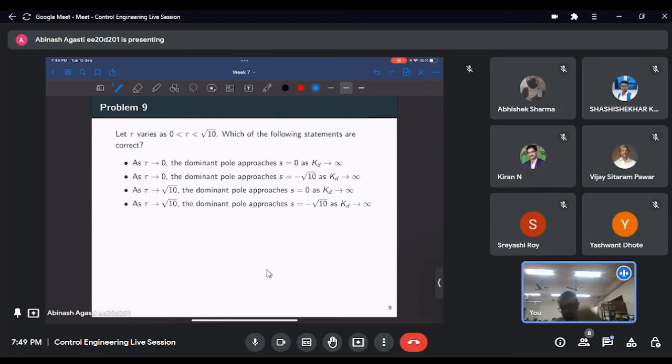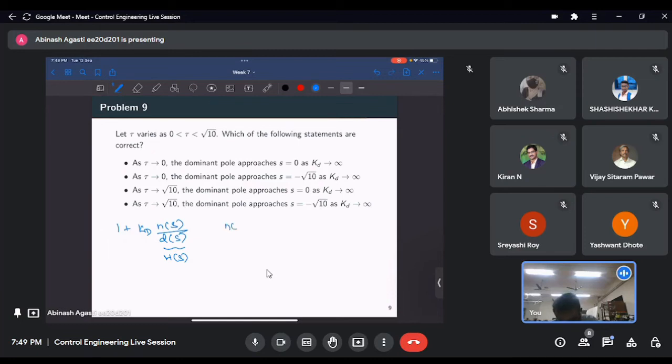This is a very clear question. We have something of this form: 1 plus some gain into some open loop transfer function, let's say h of s. As the gain goes to infinity, we know that one of the open loop poles will go to the open loop 0. Correct.